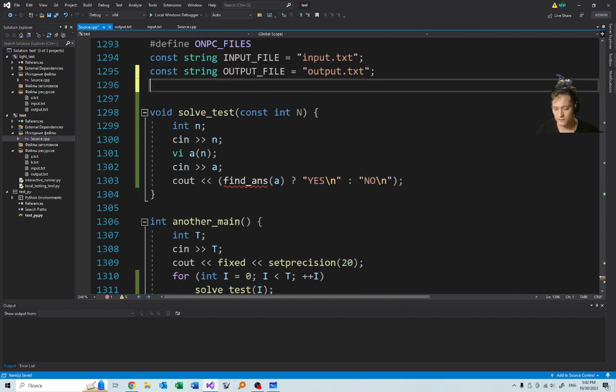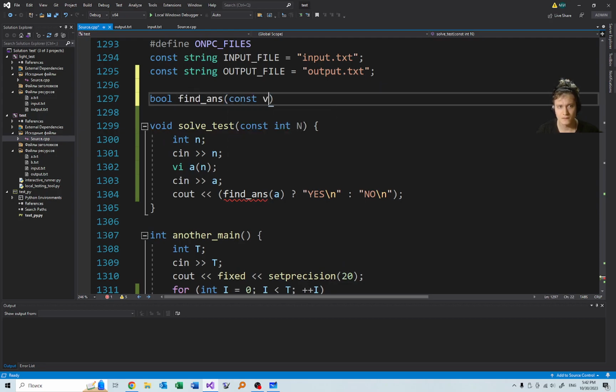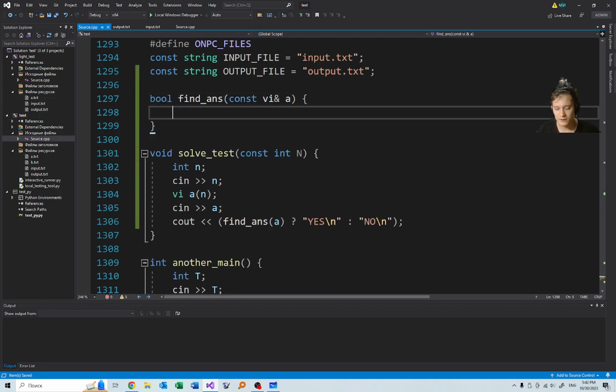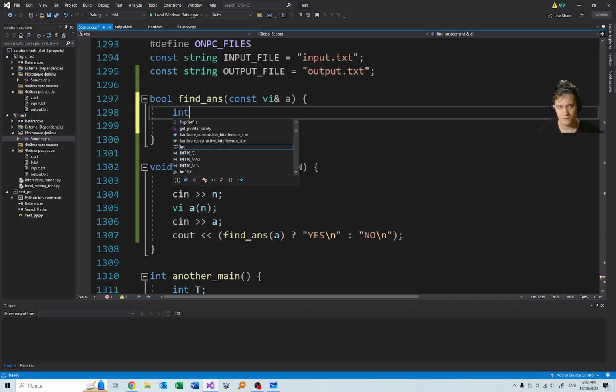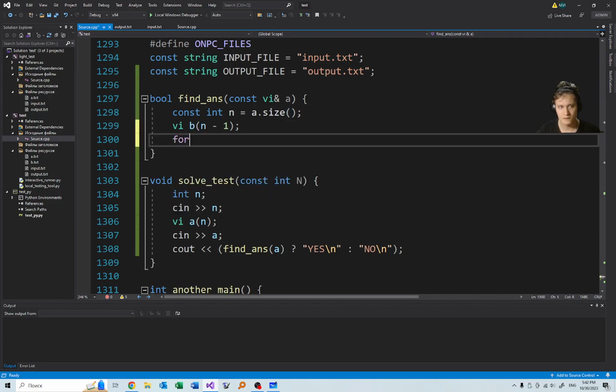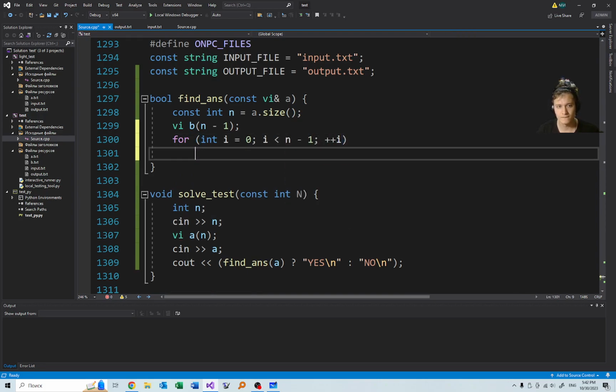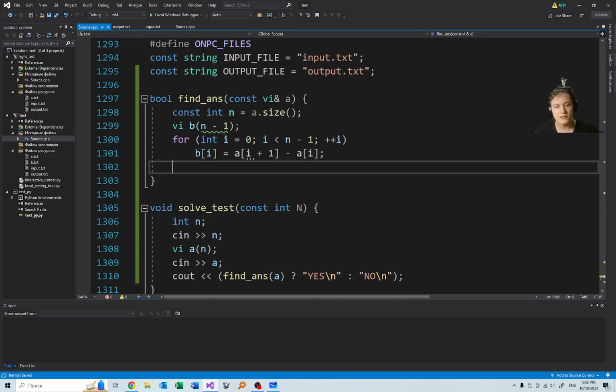How to find ans? We simply calculate the vector b. And after that, we want to check that all elements except powers of 2 minus 1 are non-negative.